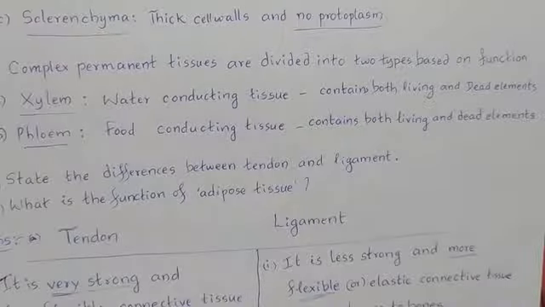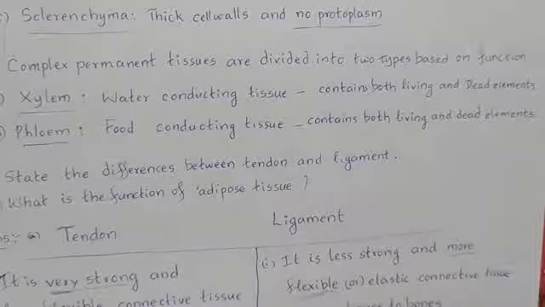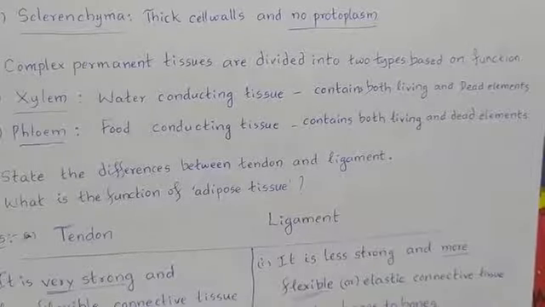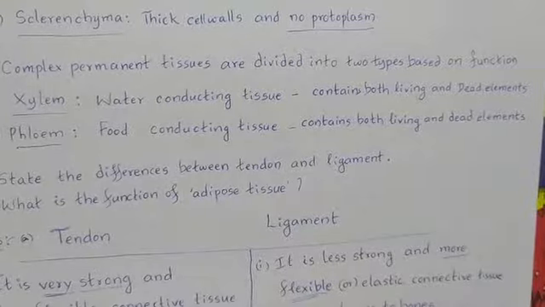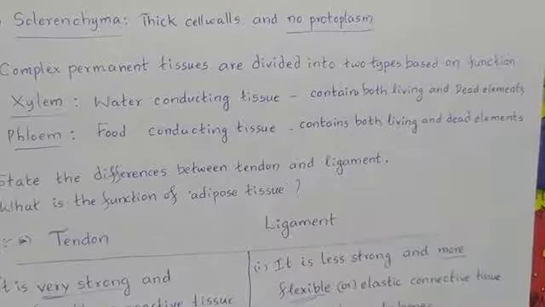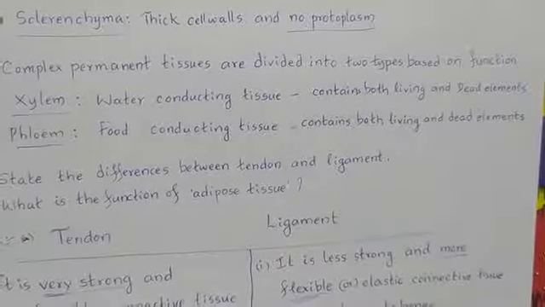They are xylem and phloem. Xylem is the water conducting tissue that contains both living and dead elements. Phloem also is a transporting tissue which conducts food. Phloem also contains both living and dead elements.